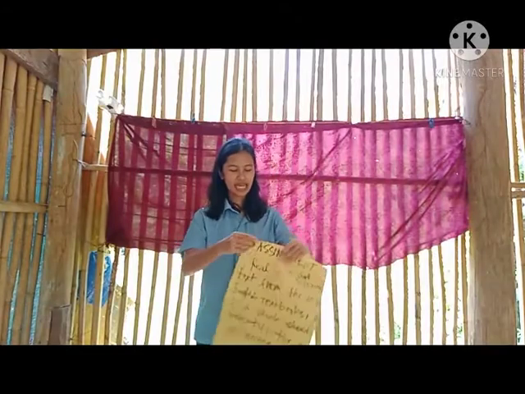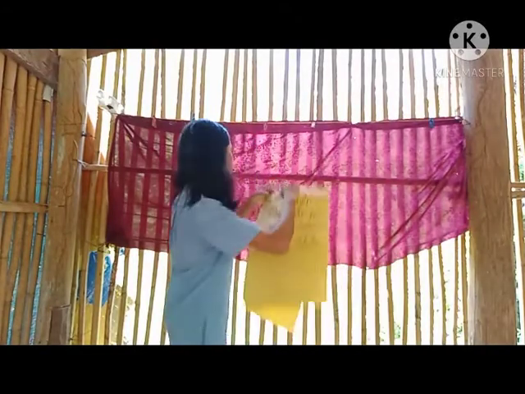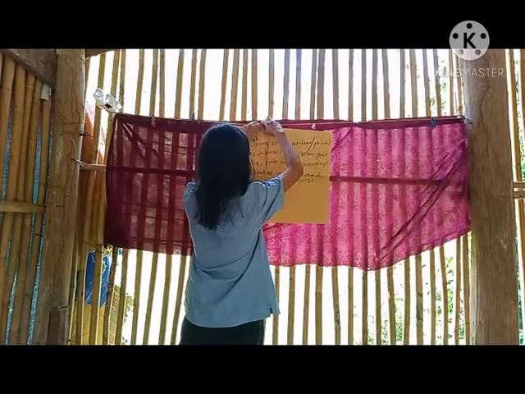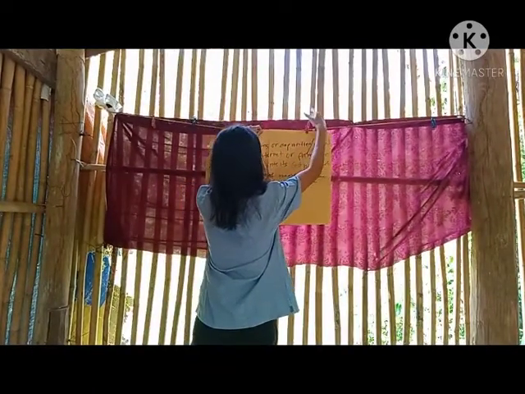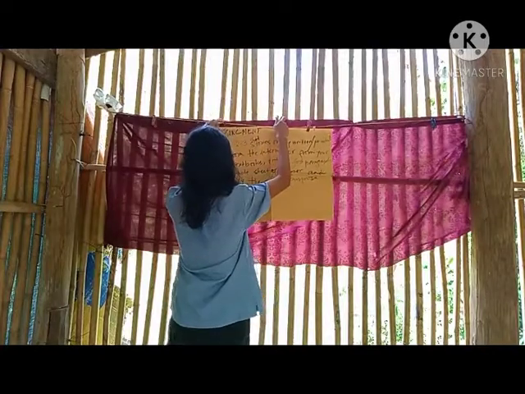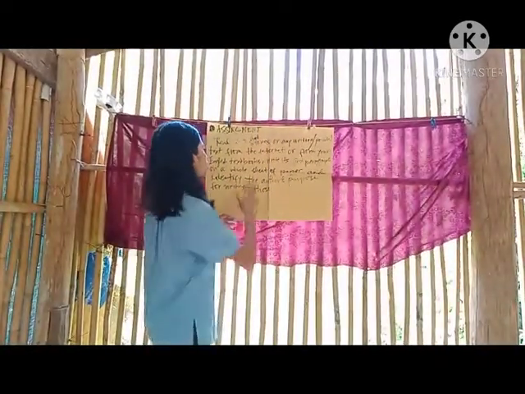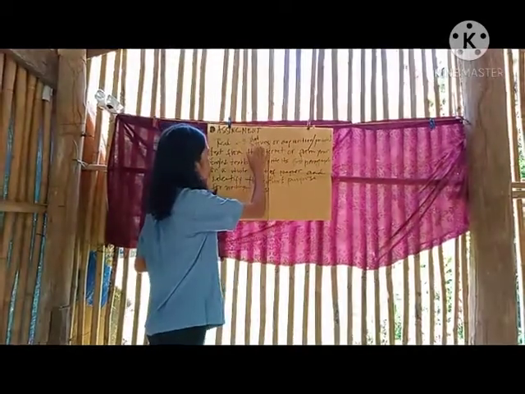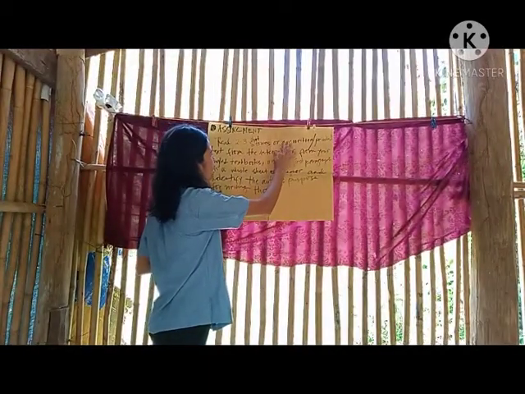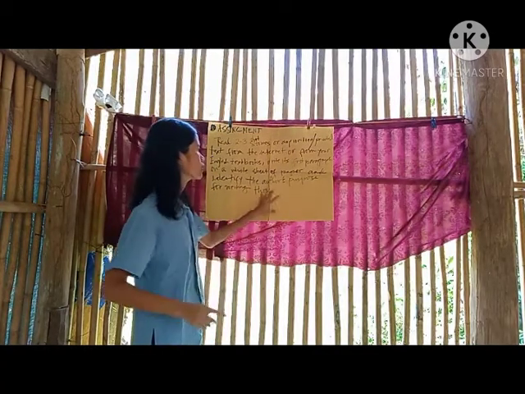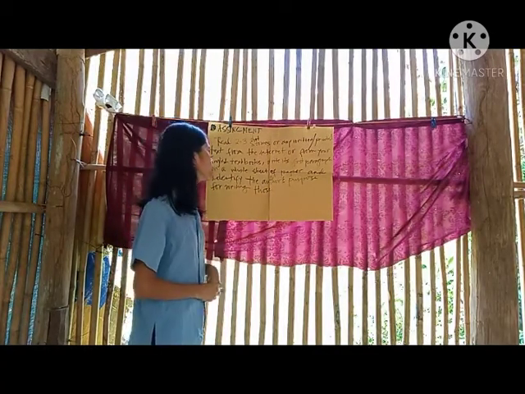And for your assignment, class, you are asked to read 2 to 3 short stories or any written text or printed text from the internet or from your English textbooks.